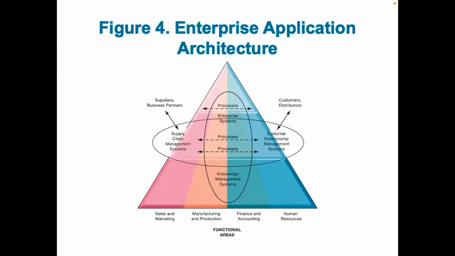Then with a customer relationship management system, they'll be able to communicate and deal with their customers and other distributors. But in between, all the different processes can be dealt with by this hierarchical structure and also the horizontal one. And that is the integrative nature of an enterprise resource planning system.